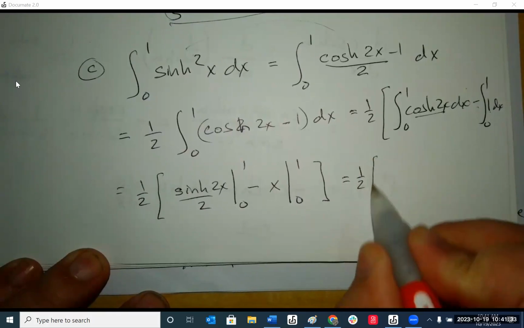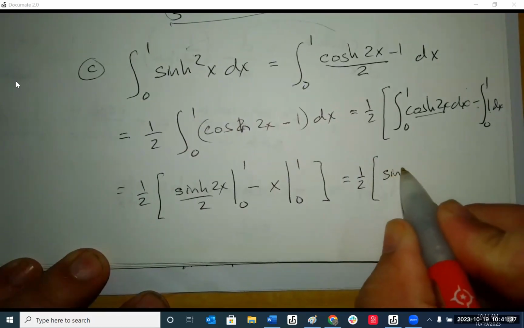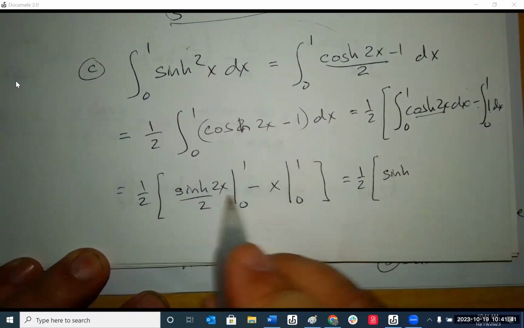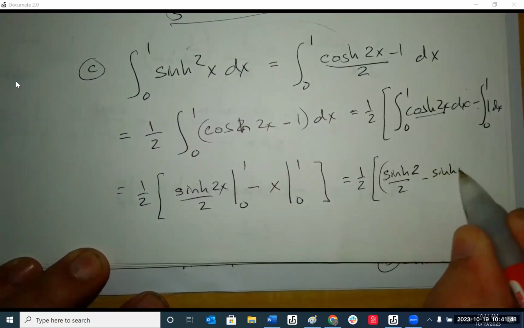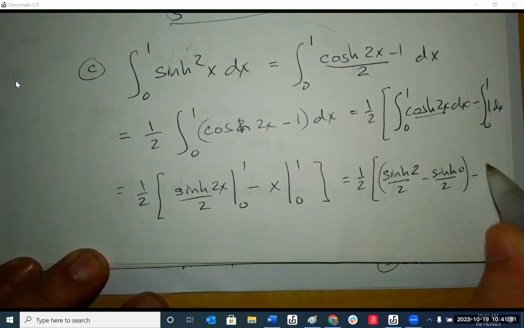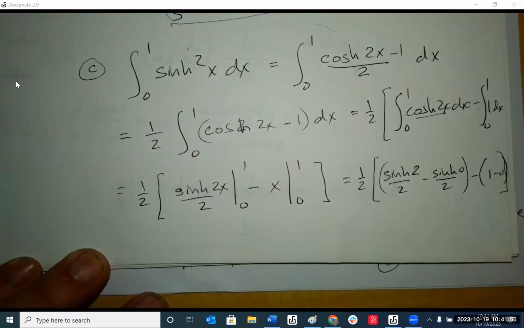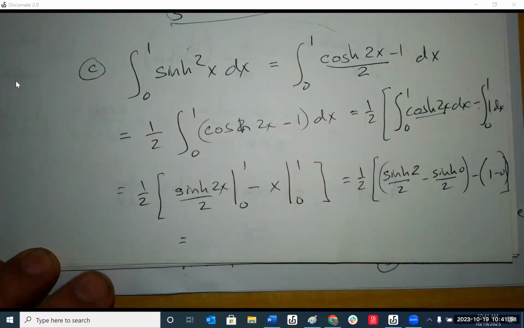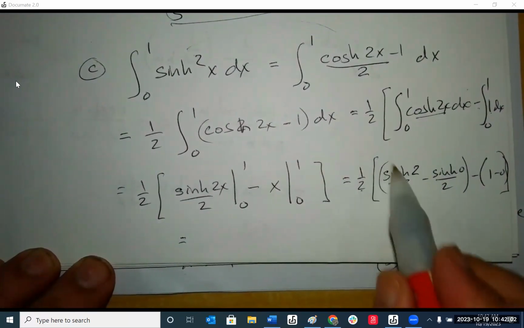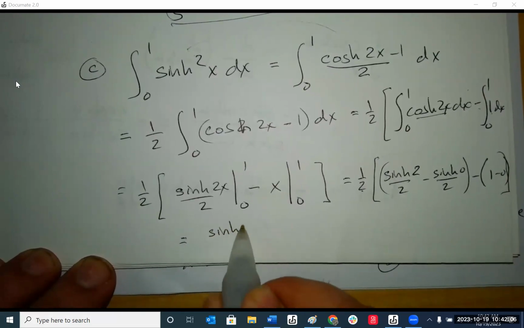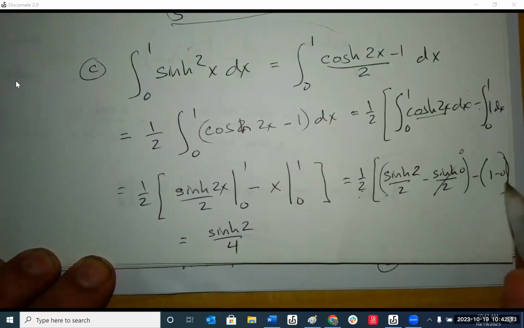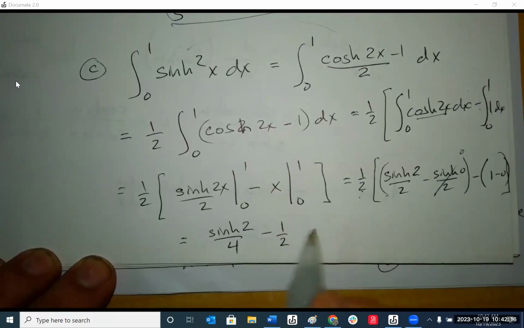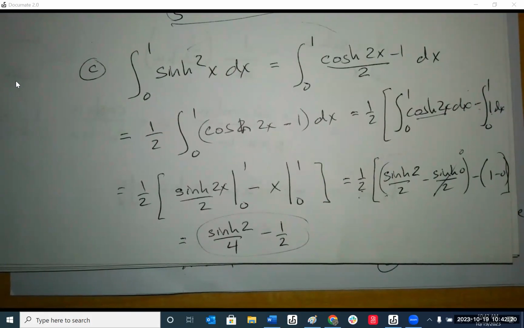We have sine hyperbolic of 2 times 1, which is 2, over 2, minus sine hyperbolic of 0 over 2, minus 1 minus 0. So distribute those in there. I get sine hyperbolic of 2 over 4. That goes to 0. And this is 1, so it's minus 1 over 2. And that's as far as I can take it. Unless I have a calculator, I put it in a calculator and it'll give me the answer.